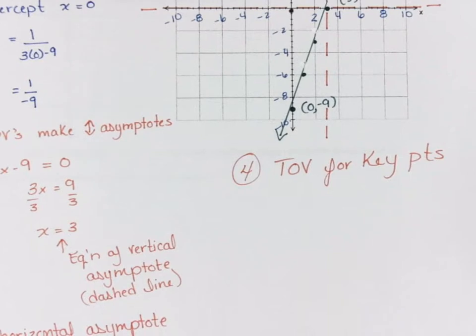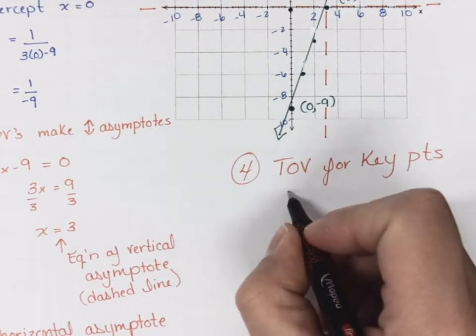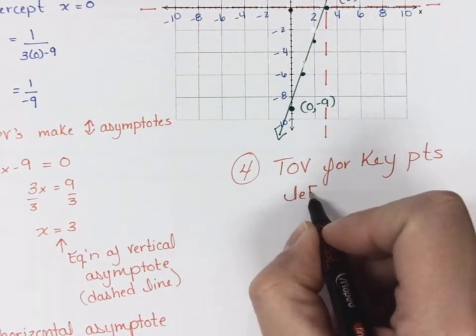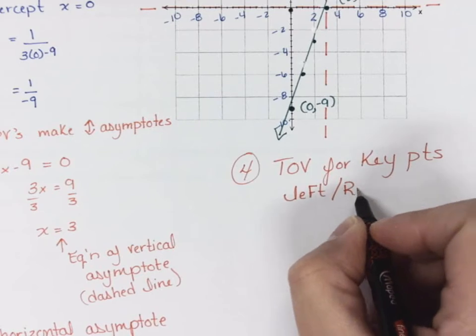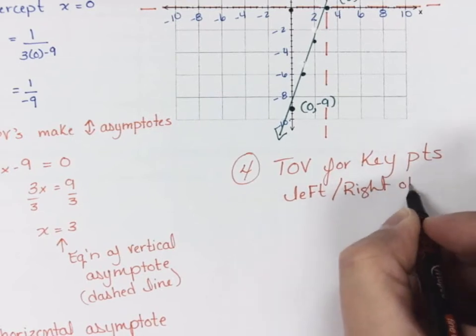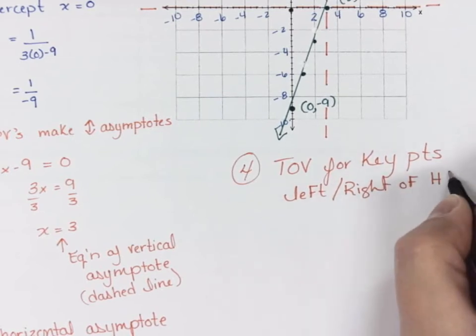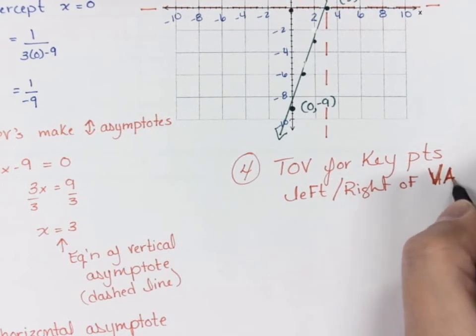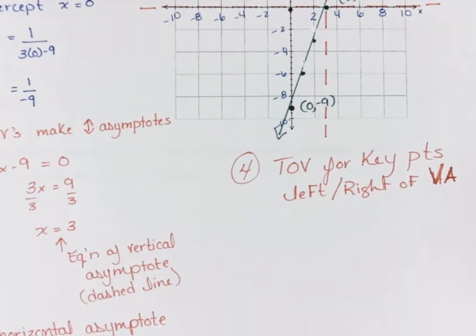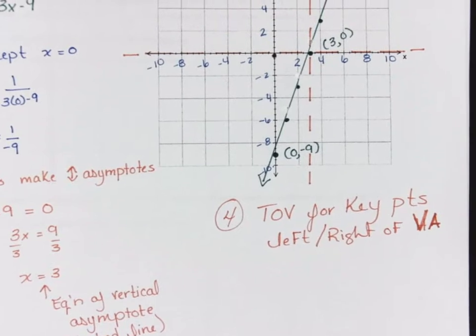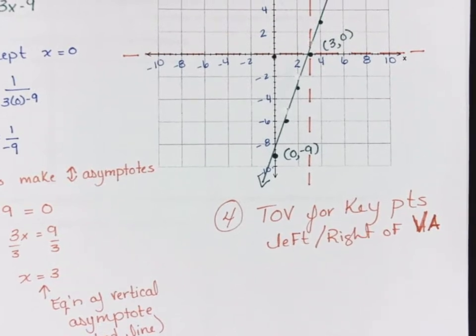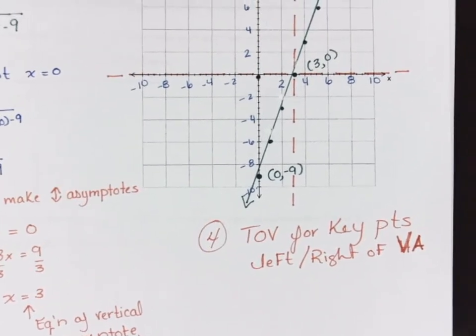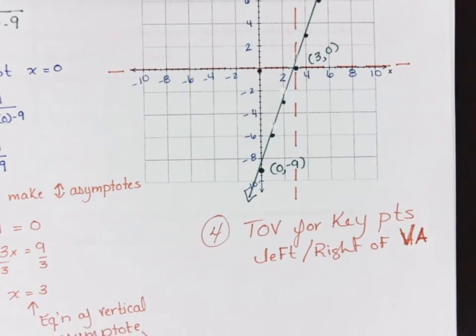Okay, when I'm talking key points, I want left, right of the vertical asymptote. You don't have to do a lot, you just have to do enough to see the shape. Okay? And we need to label at least 2 points on the graph anyway, so we got to do some work.